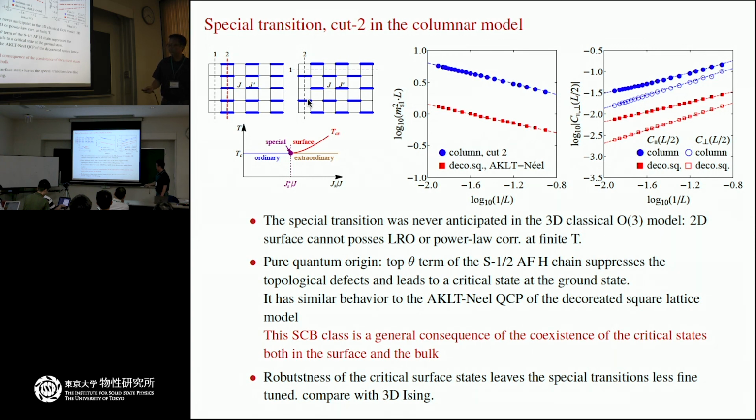Yeah, and this is robust. I was a little confused. If you don't have to fine-tune the value of JS, what is the modified phase diagram? This is just to show you that we are here. That doesn't mean I need to adjust some JS.